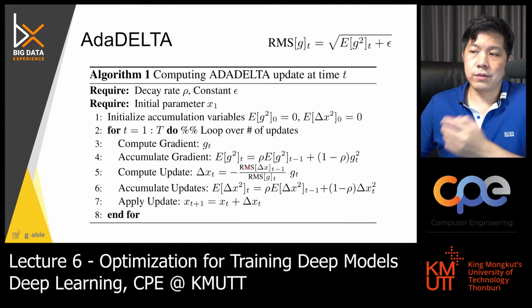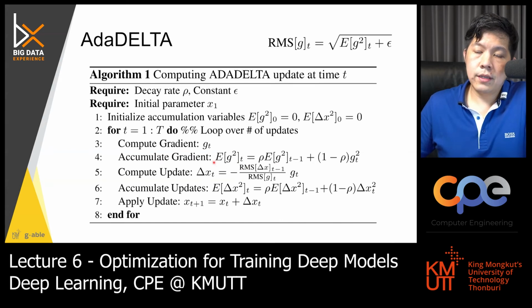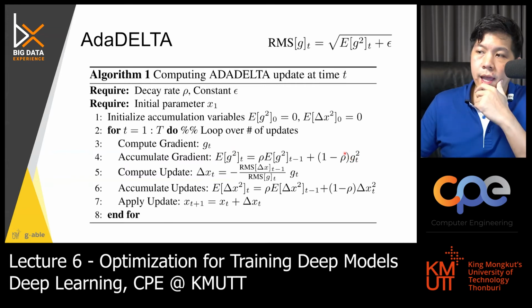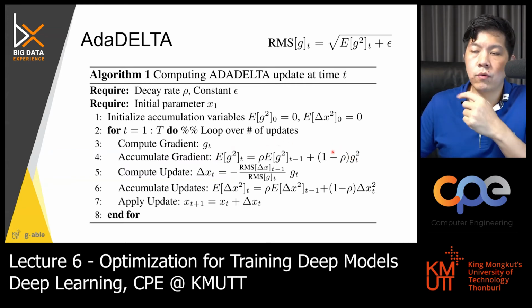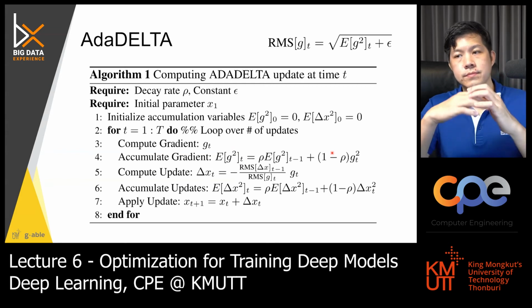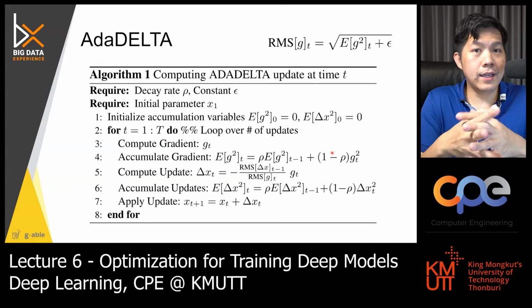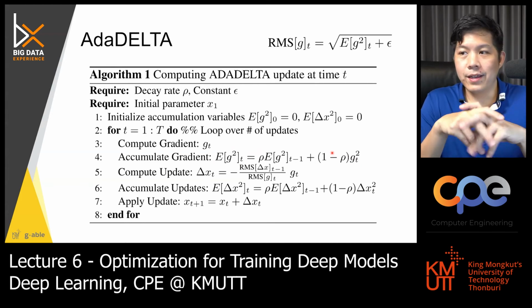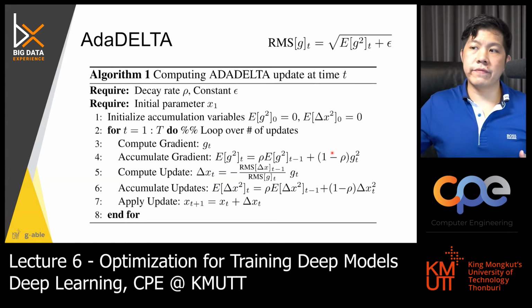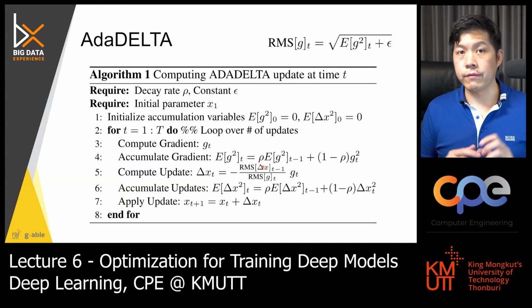No, it's not actually. This accumulation comes from the previous accumulation plus the gradient squared, and you can see the rho and 1 minus rho. So there is a meaning for E here. In statistics, you know this E function as the expected value function, or the mean function.